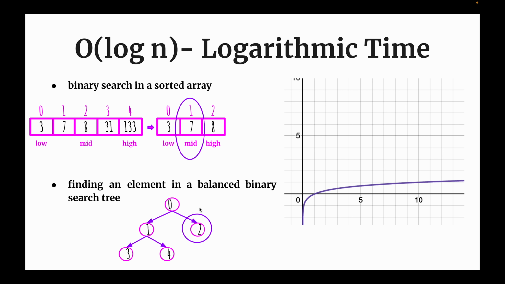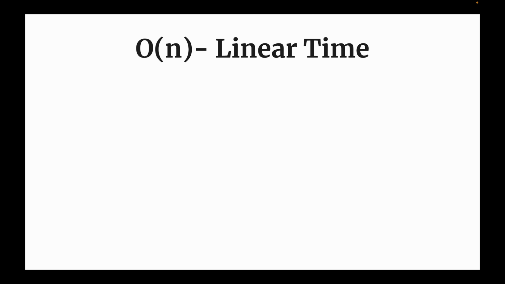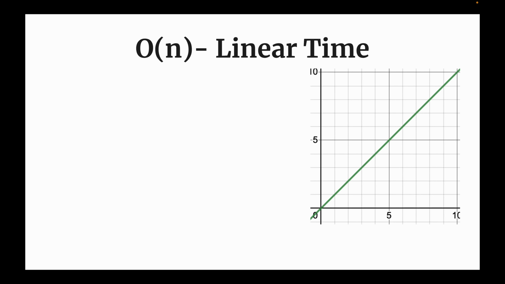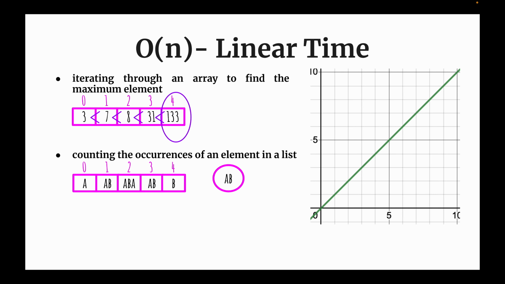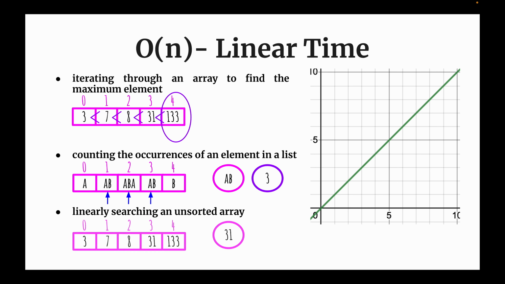The next one is going to be big O of n, or linear time. The algorithm's runtime grows linearly with the input size. And the examples will include iterating through an array to find the maximum element, counting the occurrences of an element in a list, or linearly searching an unsorted array.